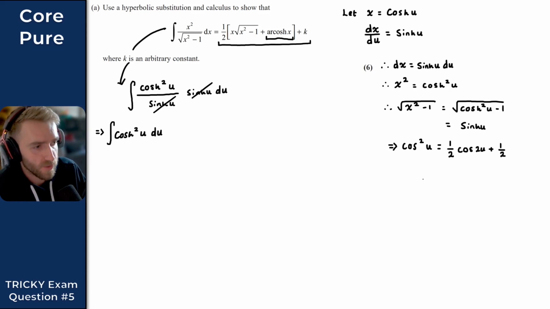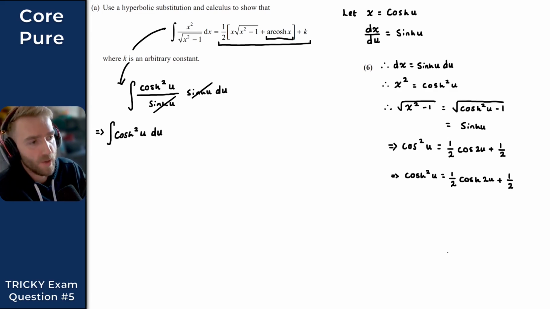And then by Osborn's rule, I know that cosh squared u will simply be 1 over 2 cosh 2u plus 1 over 2, right? So we've adapted it to its respective hyperbolic function, and we obtain this here. So we can now replace the integrand with its appropriate identity.